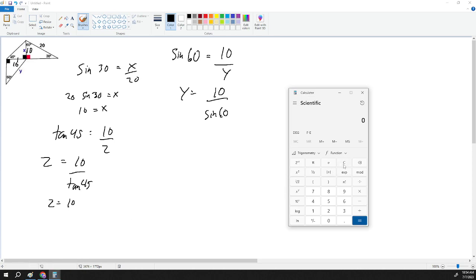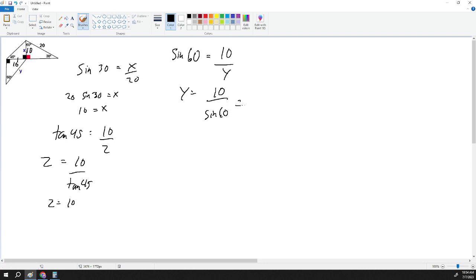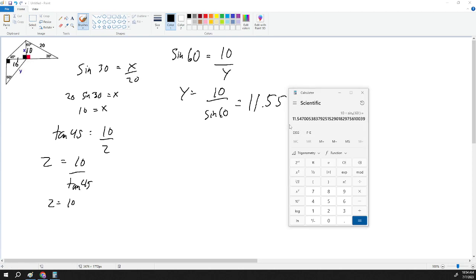We use our calculator. 10 divided by sine 60, you're left with 11.54, and round it up because of the 7, 11.55. Okay?